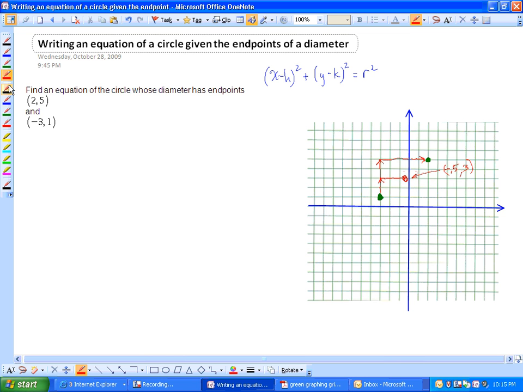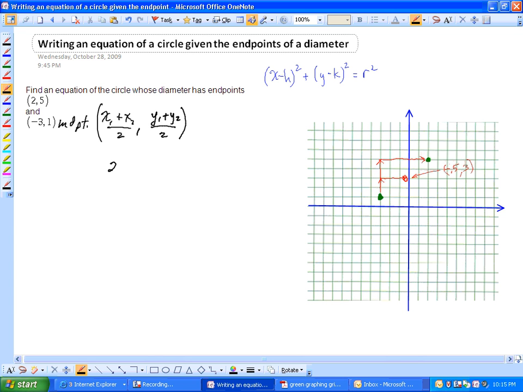Now mathematically, how do we find it? Well, the midpoint is the average of the x's comma the average of the y's. So the midpoint equals x1 plus x2 divided by 2, comma, y1 plus y2 divided by 2. That's basically the average of the x coordinates, comma, the average of the y.